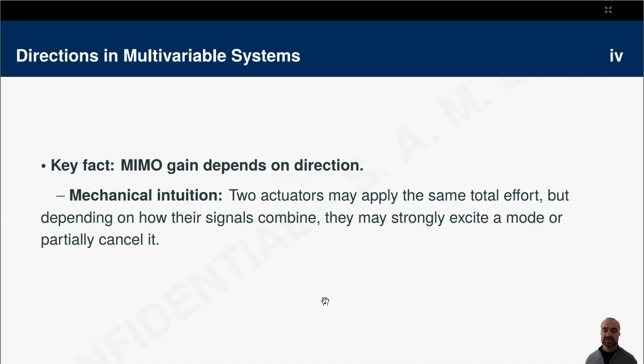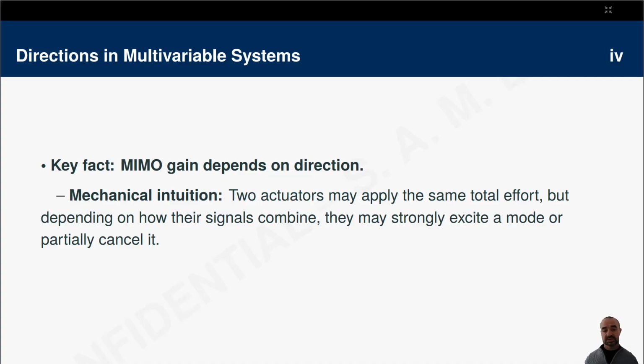So let's consider this mechanical intuition. Two actuators may apply the same total effort, but depending on how their signals combine, they may strongly excite a mode or partially cancel it. Consider, for example, two shakers on a plate. If they are in phase, they excite a bending mode, and if they are out of phase, they excite a torsional mode.